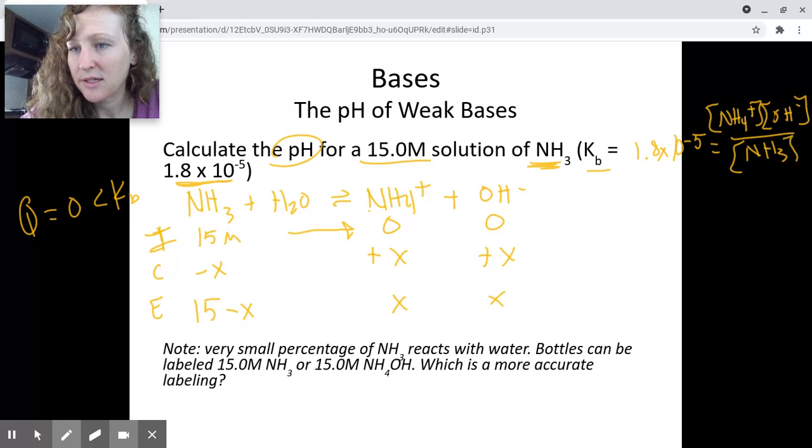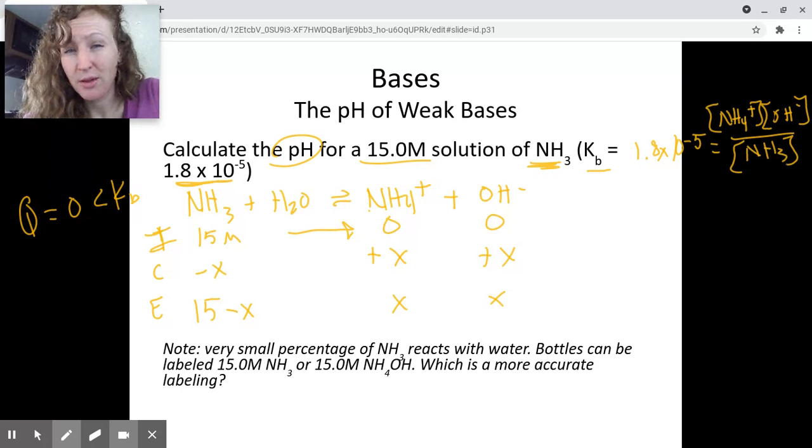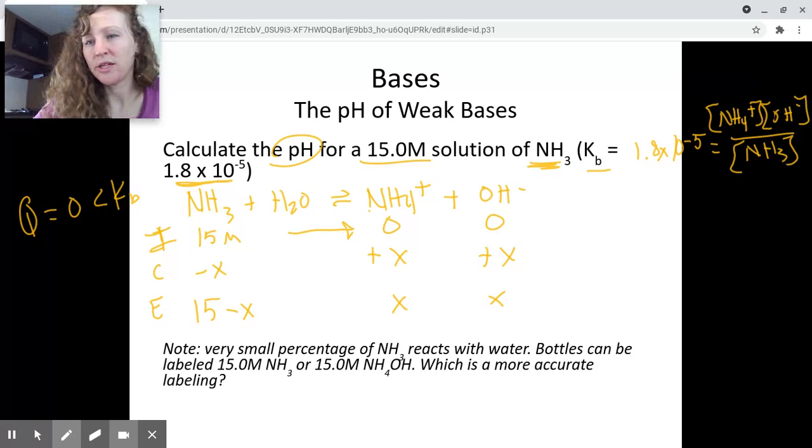And I'm going to assume ammonia is aqueous because they haven't told me otherwise, and it would be very strange to have ammonia as a solid. So if I have to guess, I'm going to guess the more common form, which is going to be a liquid in their case.